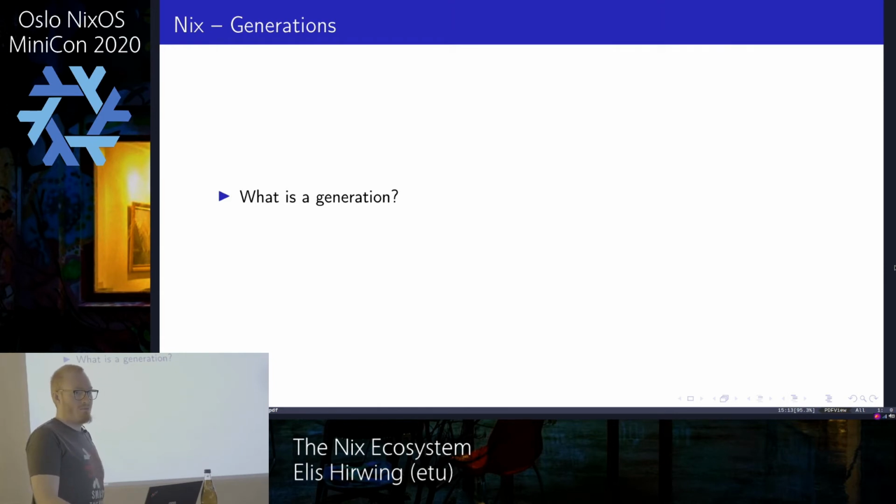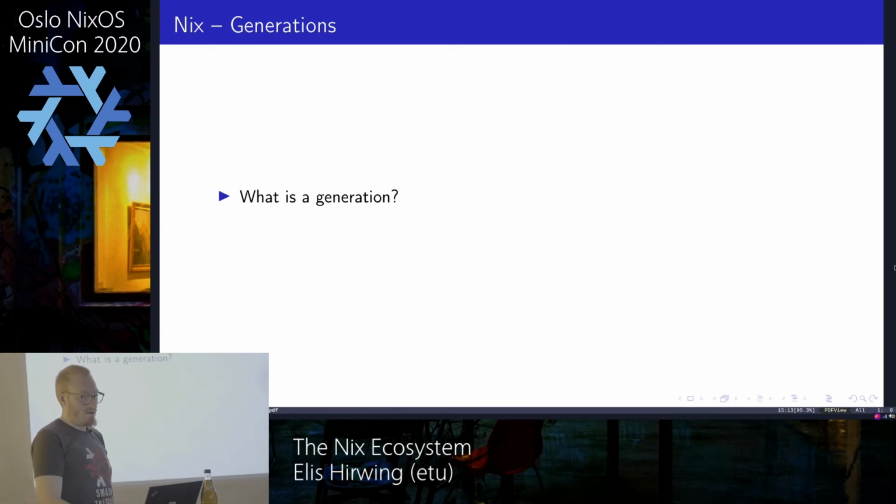Generations are hordes of symlinks living inside of the store somewhere that describe a system or a package by symlinking the correct things together to a single piece so you can use it.